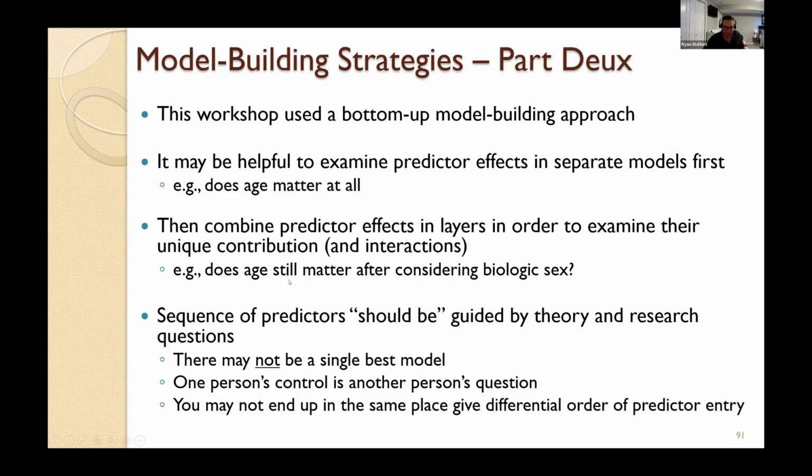The sequence of predictors should be guided by theory and research questions. It is so easy for me as a statistician to say, well, what predictors do you want to include? And somebody says, I don't know. And then I come back and say, well, you need to understand your theory better. I'm not naive. A lot of people operate in an exploratory environment.